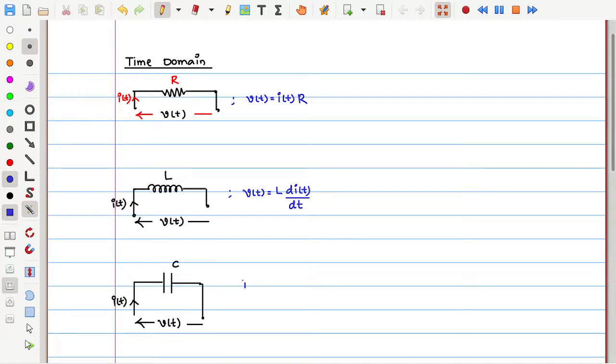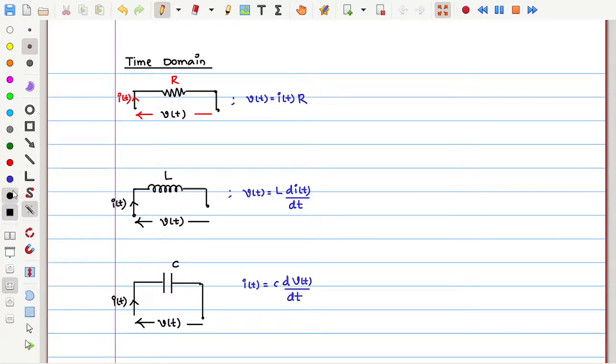Whereas for the capacitor, I of t is equal to C into dv of t divided by dt. These are the three important voltage current relationships for the time domain equivalent of resistor, inductor and capacitor.